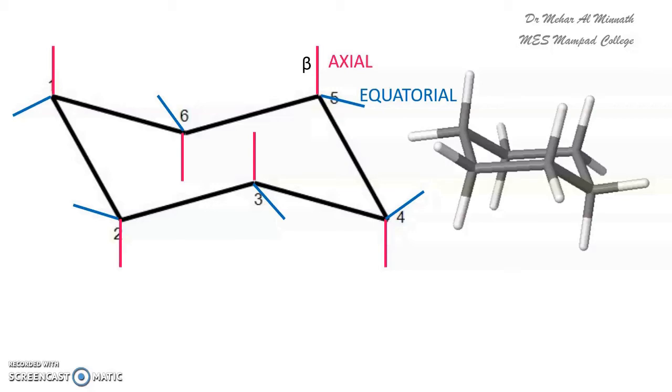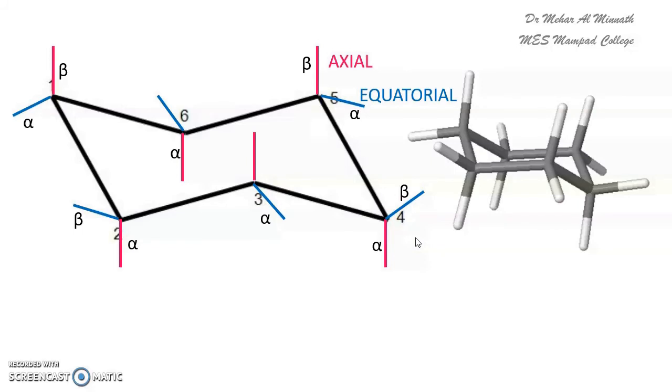The bond which is above the plane is called beta, and the bond which is pointing below the plane is called alpha. Alright, so we have the alpha bonds here. See, equatorial CH of C5, axial CH of C6, equatorial CH of C1, axial CH of C2, equatorial CH of C3, axial CH of C4.